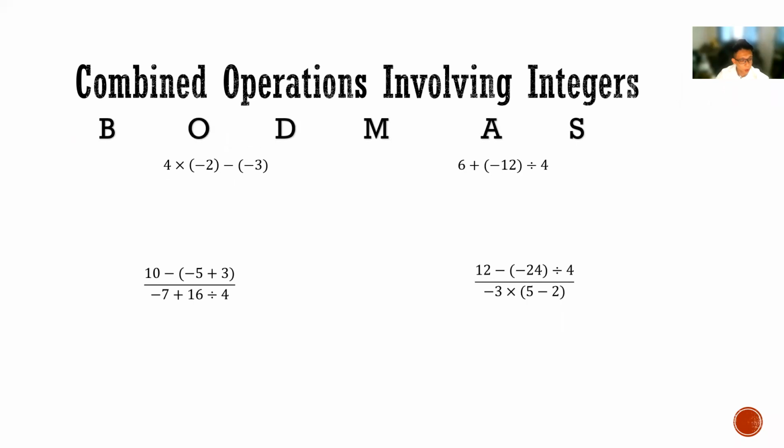Then make sure you know your BODMAS. Your calculator will actually calculate in BODMAS order. But sometimes you may need to show working, or it may be a guided question where you need to fill in the blanks.